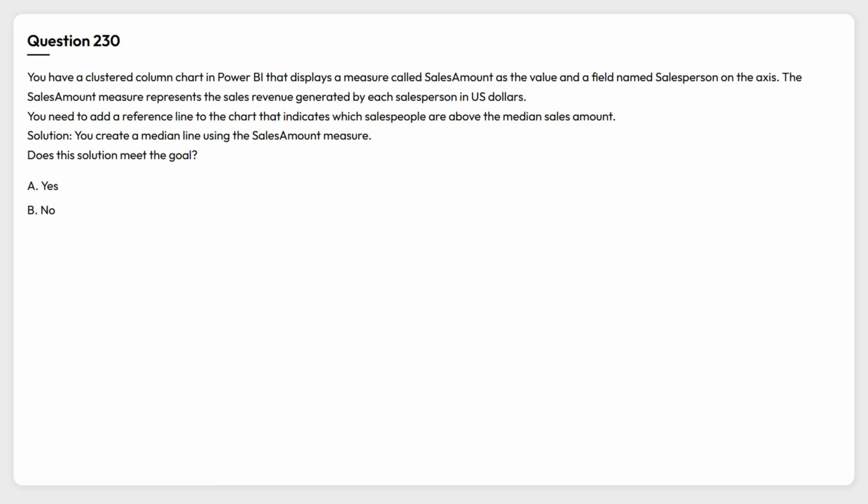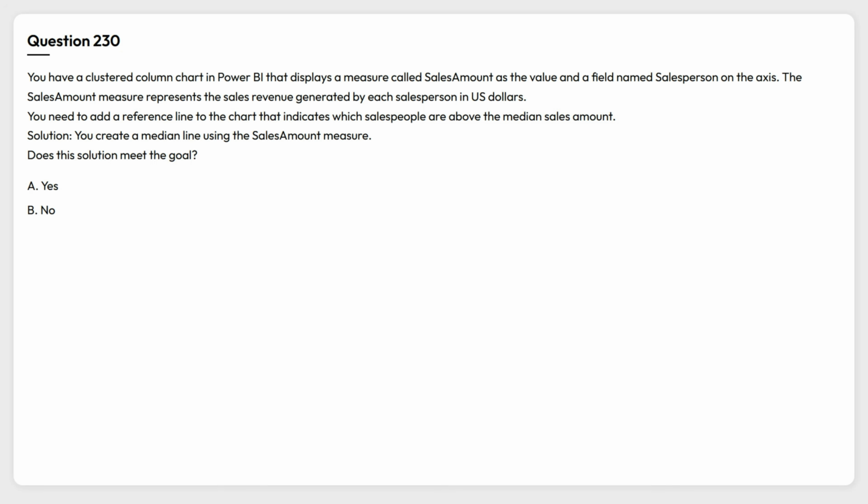Question number 230. You have a clustered column chart in Power BI that displays a measure called Sales Amount as the value and a field named Salesperson on the axis. The Sales Amount measure represents the sales revenue generated by each salesperson in US dollars.